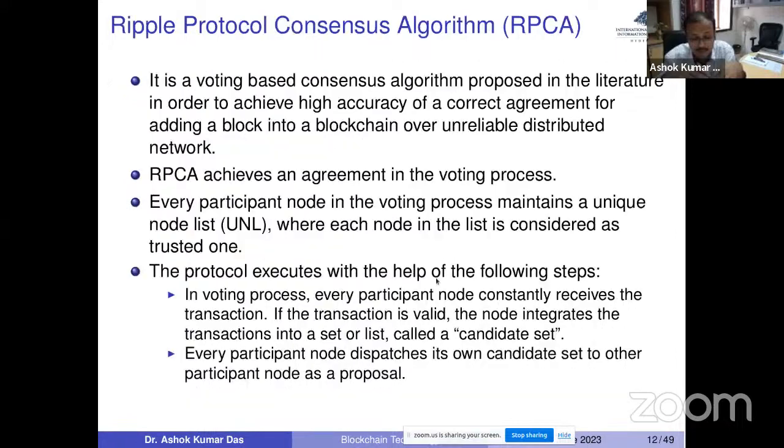Apart from that, there is a popular algorithm known as the Ripple protocol consensus algorithm. This is developed by the company known as Ripple US. It is also a voting based consensus algorithm for mining a block and adding the block in the P2P networks.